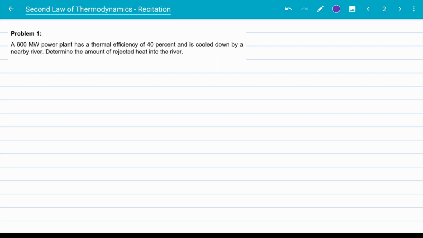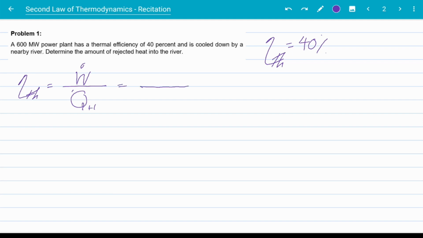What do we know? We know that thermal efficiency is 40%, right? Now, by definition, thermal efficiency is power output over the heat input.